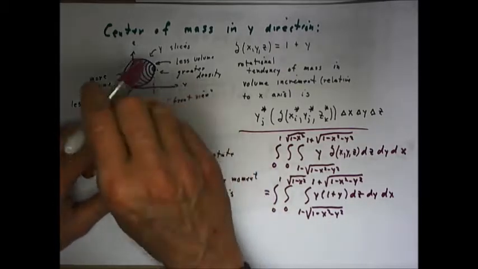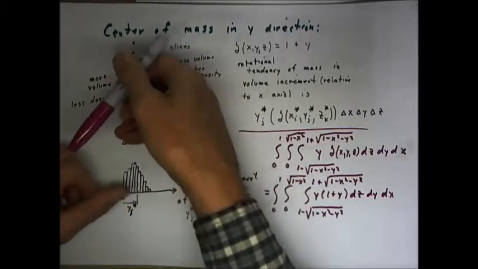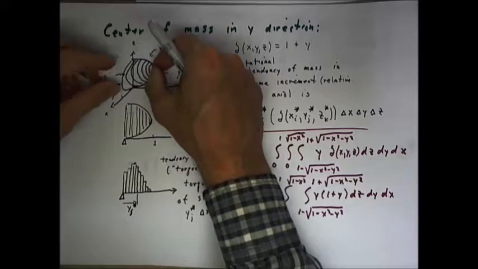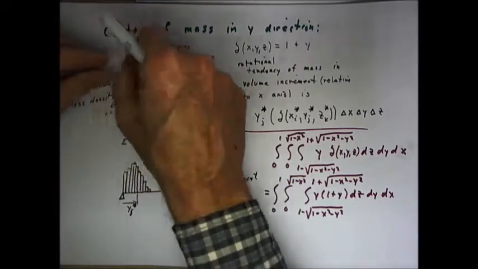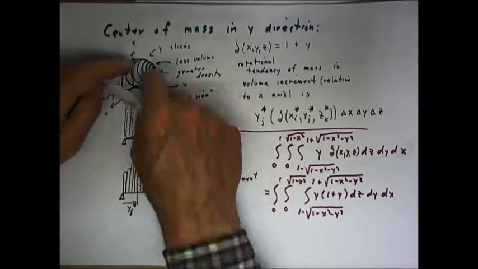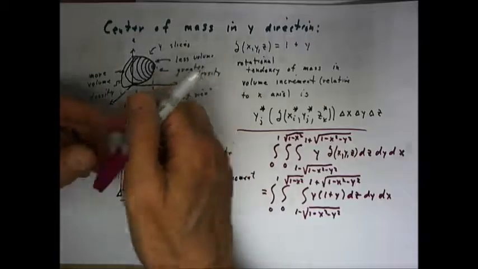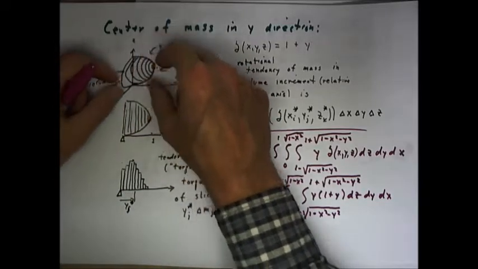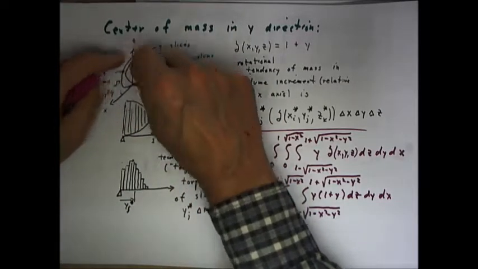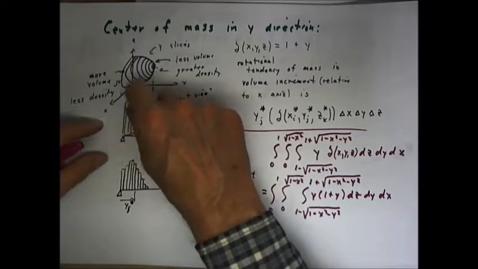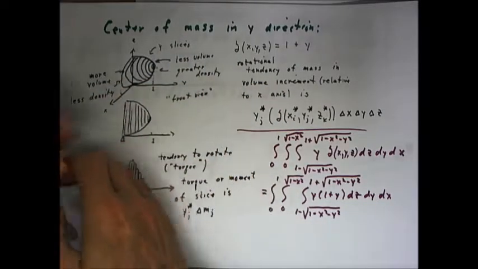It should be clear that if gravity was acting in the x direction, then this object would tend to rotate about the z-axis, and that everything, because of the symmetry of the figure, would be identical. In other words, the distance of every slice from the z-axis is the same as the distance of that slice from the x-axis.